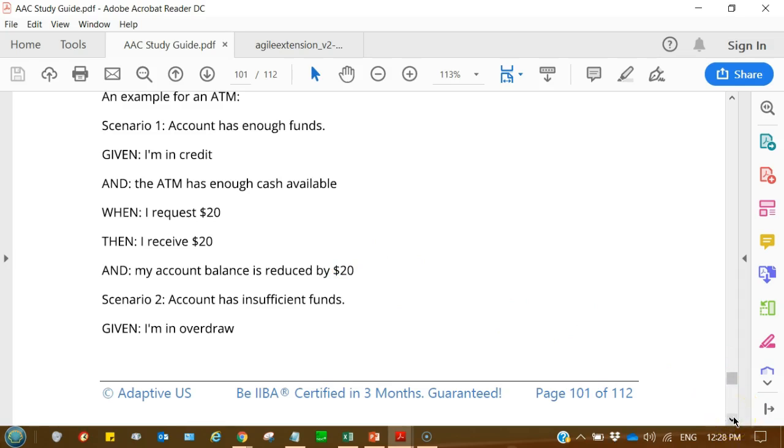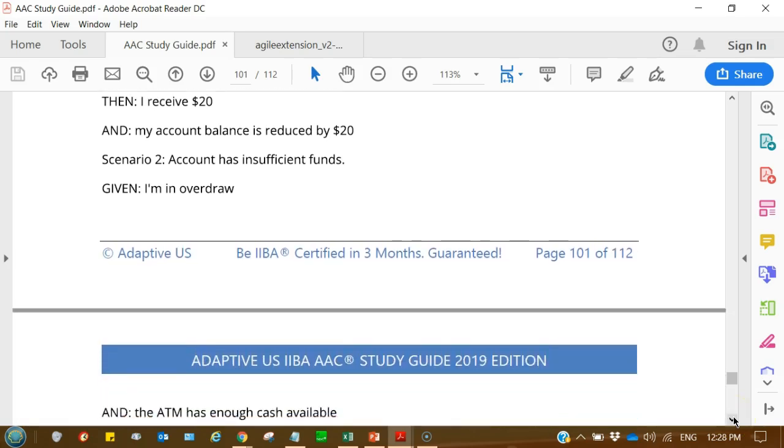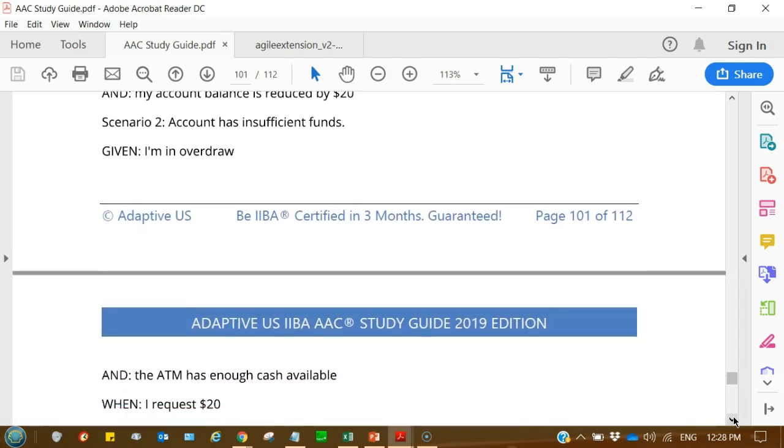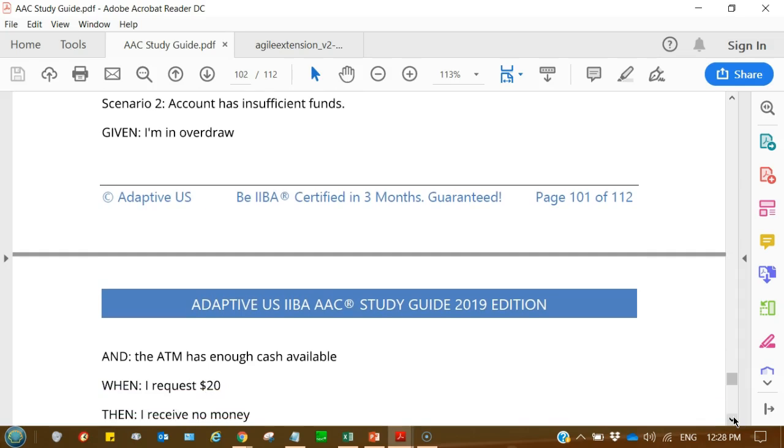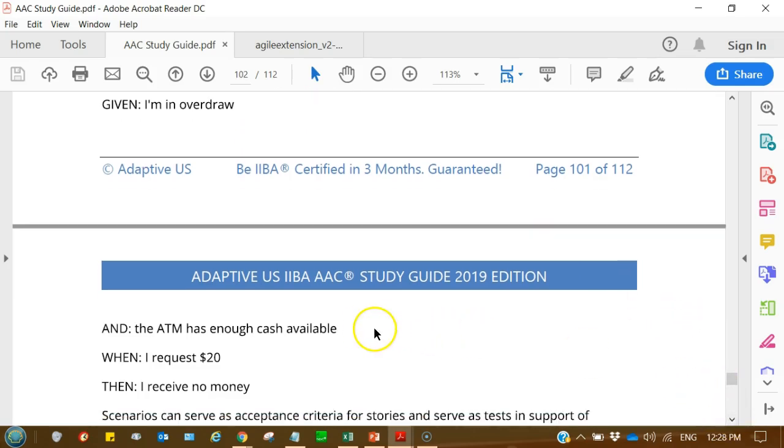However, for the same activity, you could have a scenario where I don't have sufficient funds. And in this particular case, because we were looking at two different constraints, here we're saying that I don't have enough money in my account, but the ATM has enough cash available.